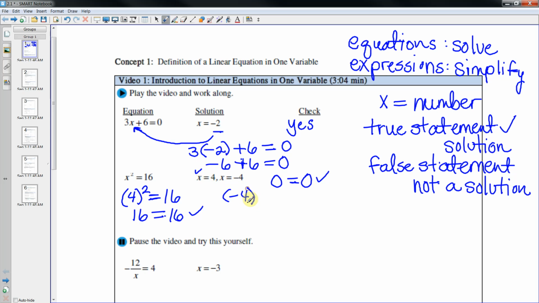Be sure you put those negatives in parentheses, and then whatever other operations are going on outside the parentheses, you just copy them over. In this case, I've got negative 4 in parentheses squared. So that means negative 4 times negative 4, just to remind you. And negative 4 times negative 4 does equal positive 16. So in this case, both of those checked.